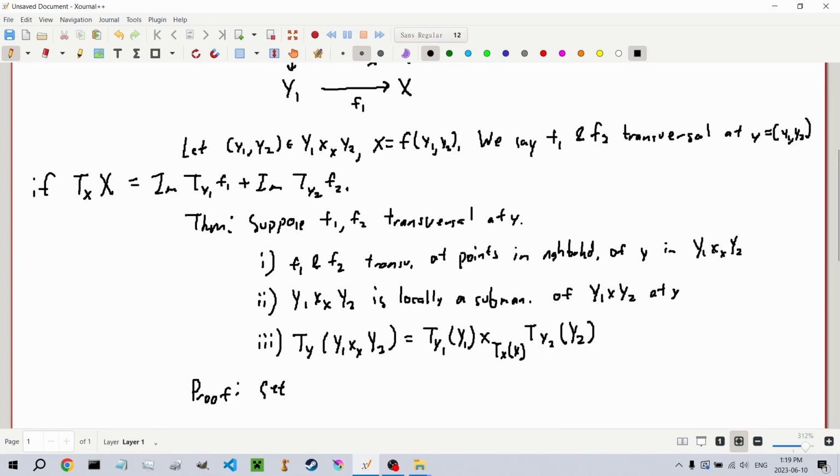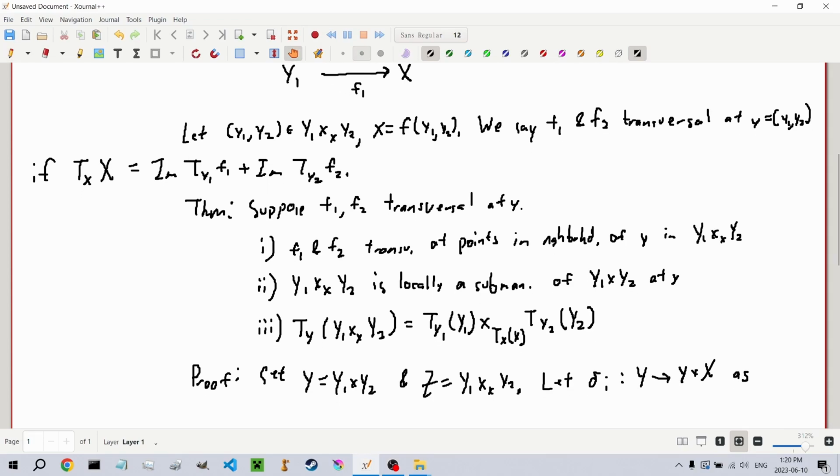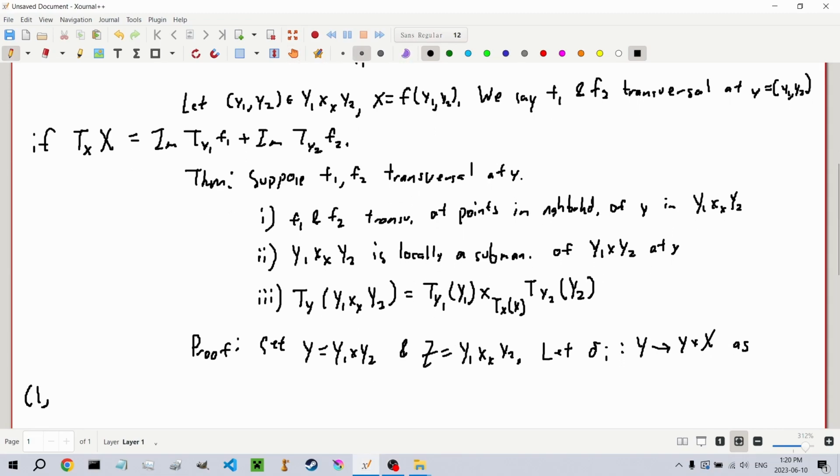But if we set Y to be y1 times y2 and Z to be the fiber product across x of y1 and y2, we're going to let delta i be the map from Y to Y times X as the pairing of the identity and the composition of the morphism from Y to X with the relative projection.